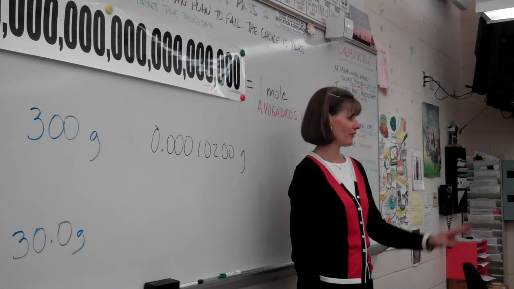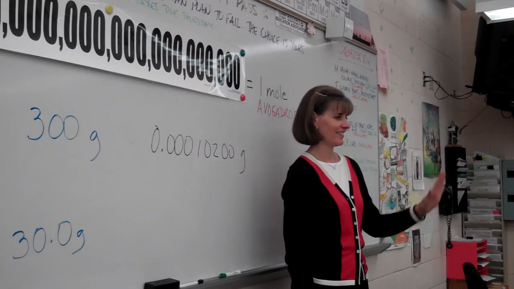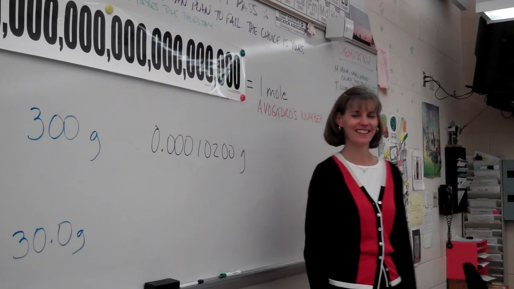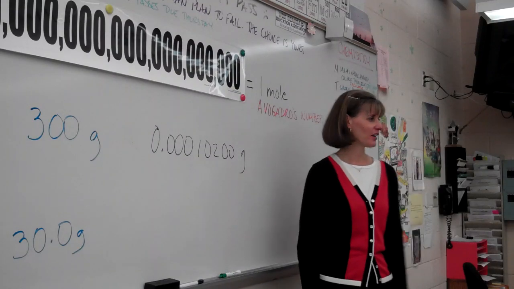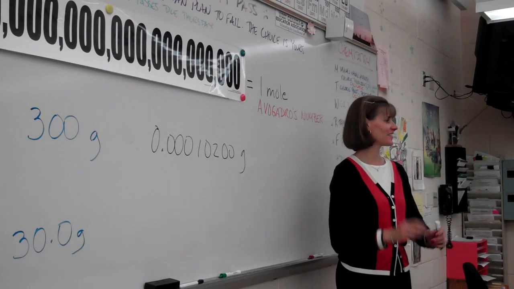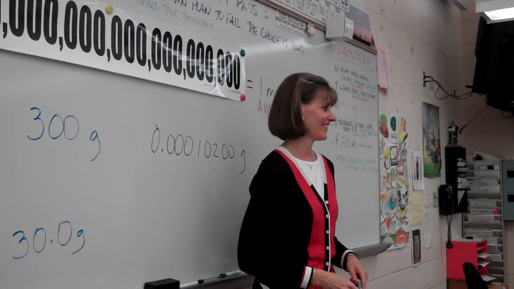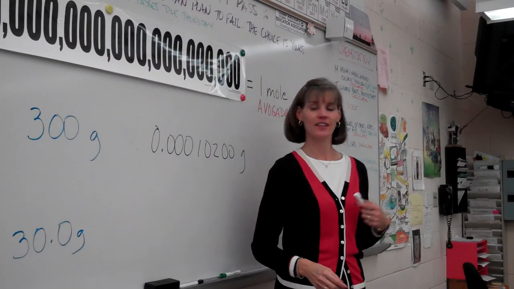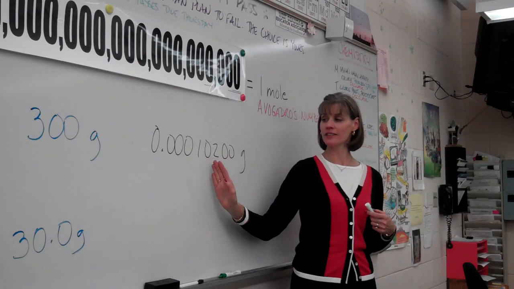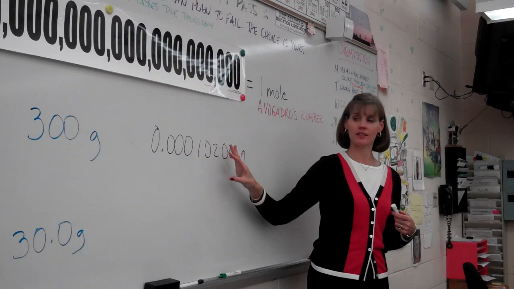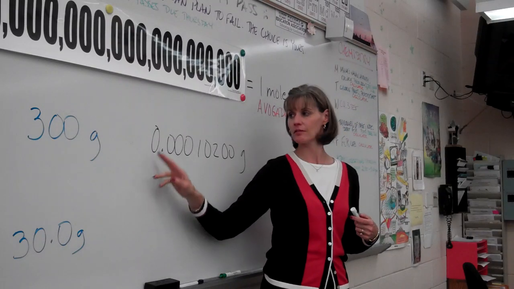I see 5. I see lots of answer choices. Which 5? The 10200. These are the significant digits. Those are just placeholders. Okay.